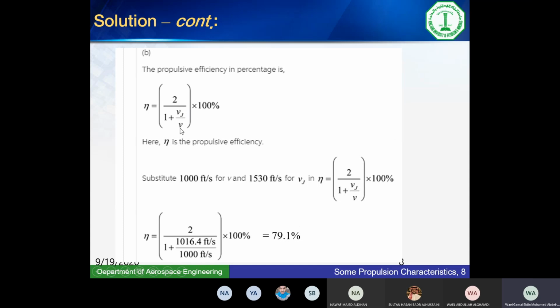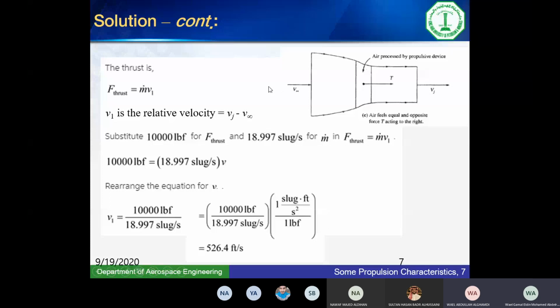So if V and V_jet are the same, if the input speed and the output are the same, efficiency is 1, 100%. We know this is impossible. But when we put this engine on a slower aircraft, the change in speed will be even more. So that will explain why the efficiency will go down. Is this clear? Yes, Doctor.